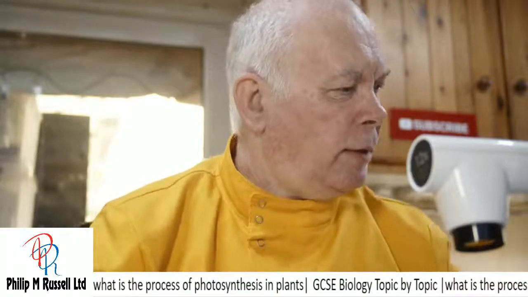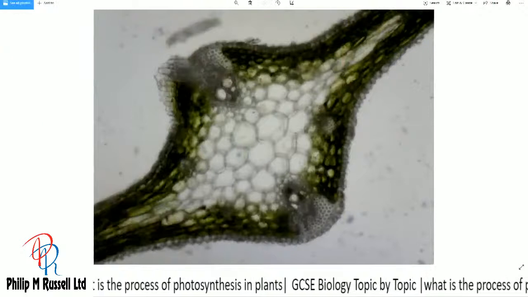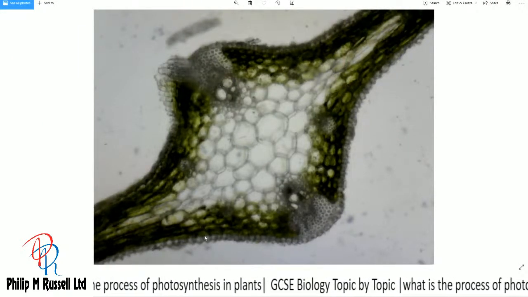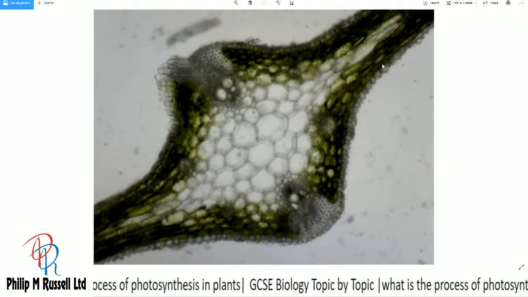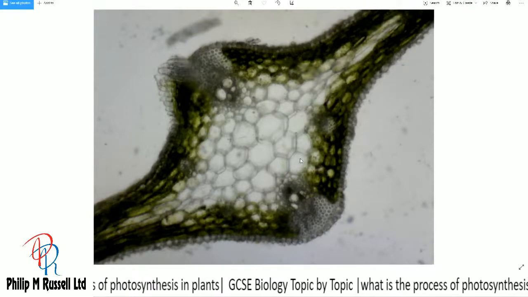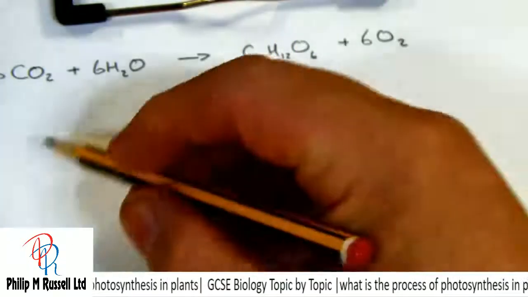And I've got here a photomicrograph of a piece of grass that I cut. I've cut it across the piece of grass, just so that you understand what I mean by that.